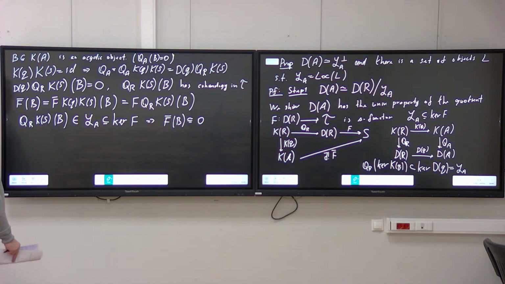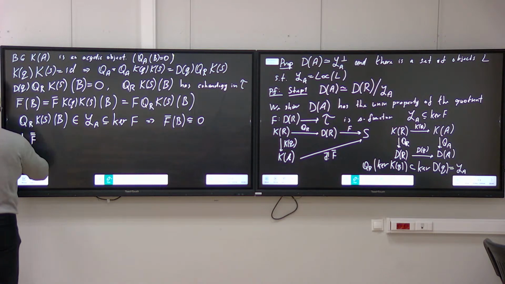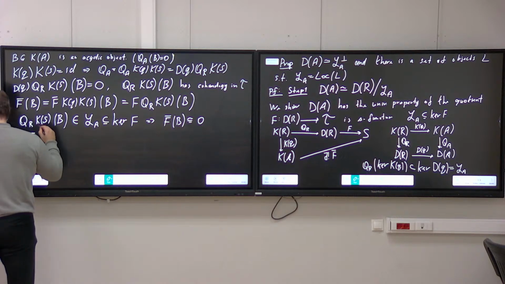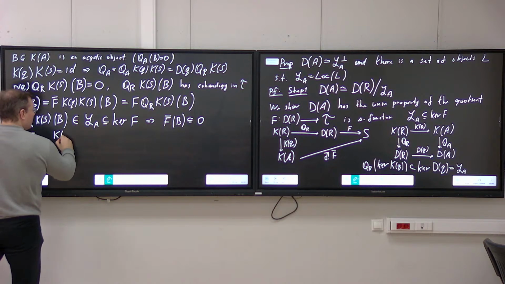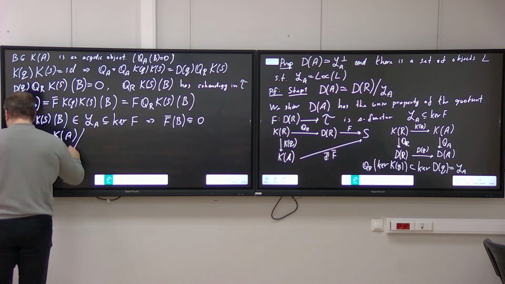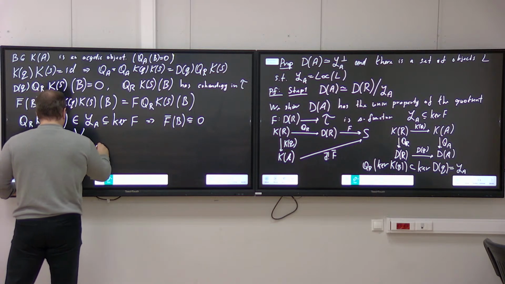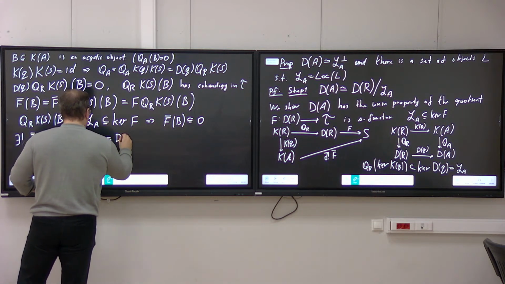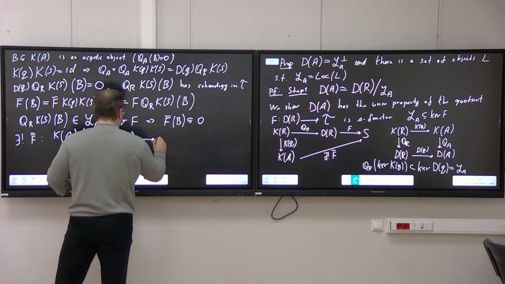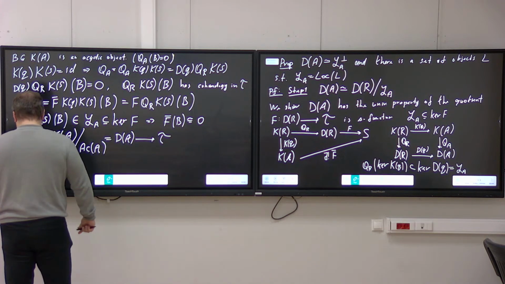So it means that in fact the functor F with the bar that I constructed maps acyclic complexes to acyclic complexes, right? This was any acyclic complex. So the conclusion is that there is a unique functor F with the 2 bars, which will be a functor from the homotopy category of A, modulo the acyclic complexes of A, which is of course the same thing as the D of A, to the triangulated category T. Right?